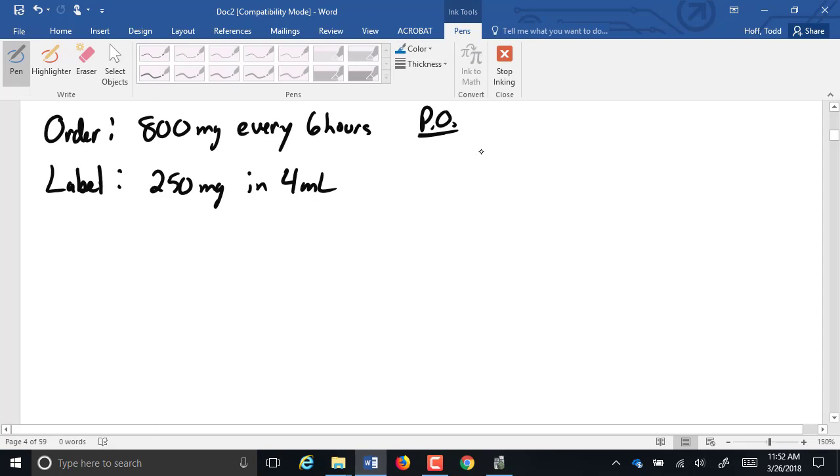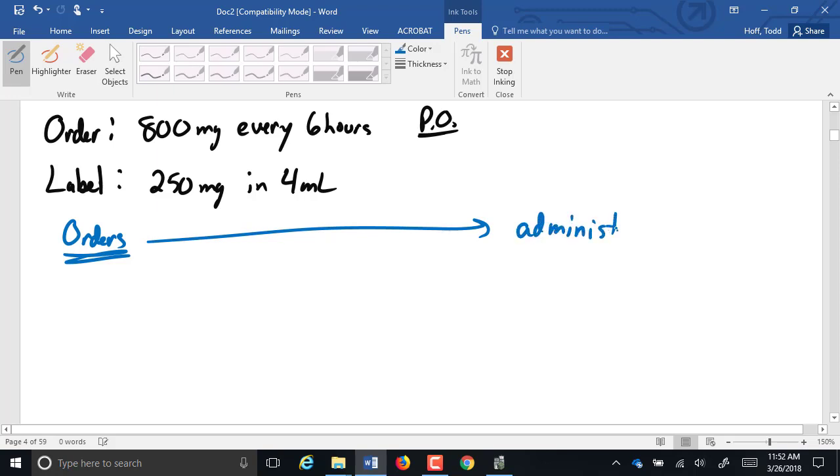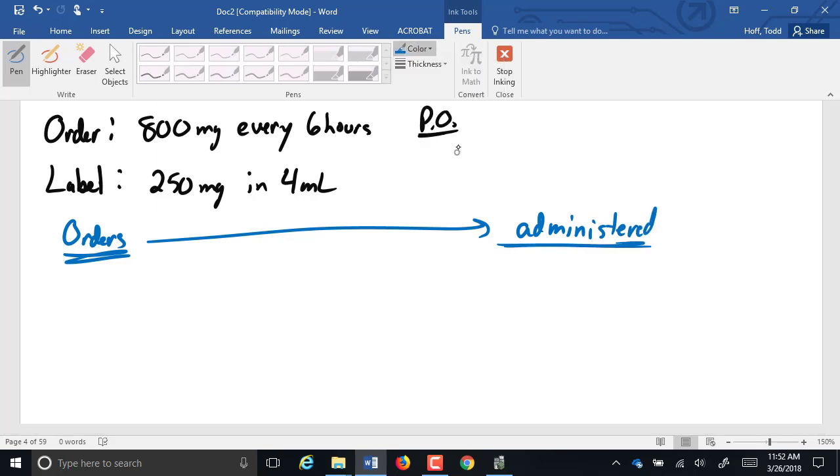So to find the amount to administer here, we always start with the doctor's orders. And we try to translate that using our dimensional analysis or our unit conversions into what is actually going to be administered to the patient. So our doctor's orders, 800 milligrams.